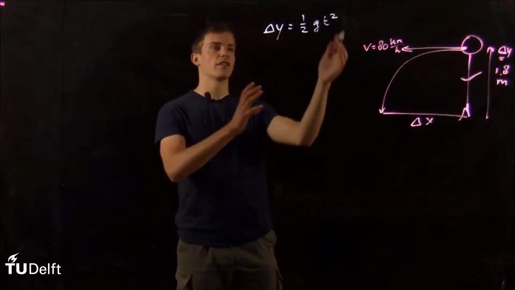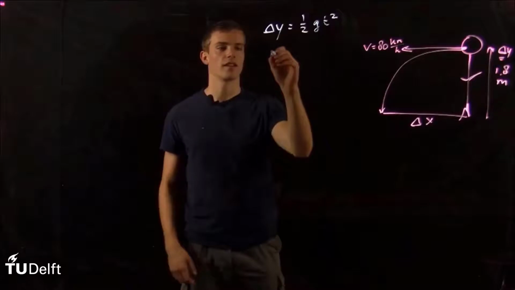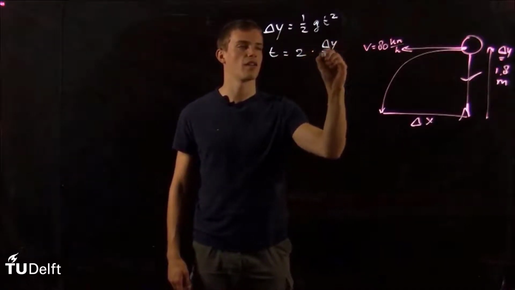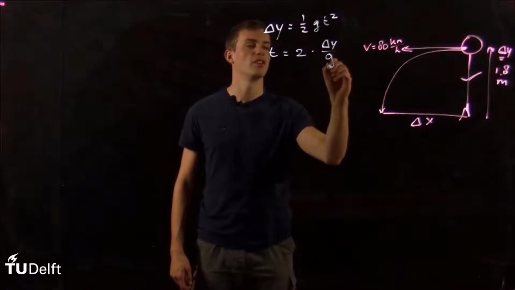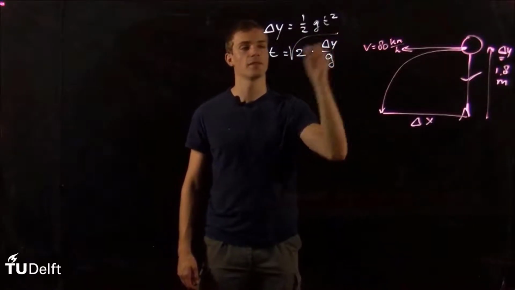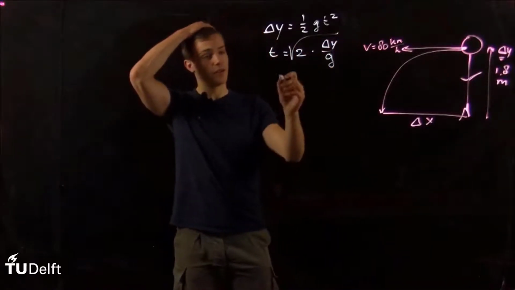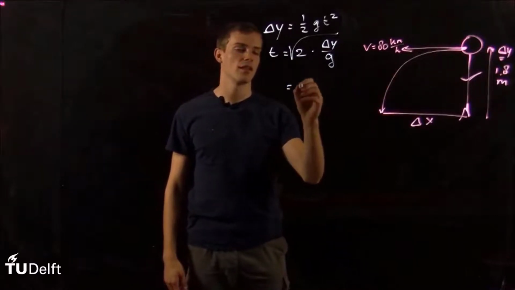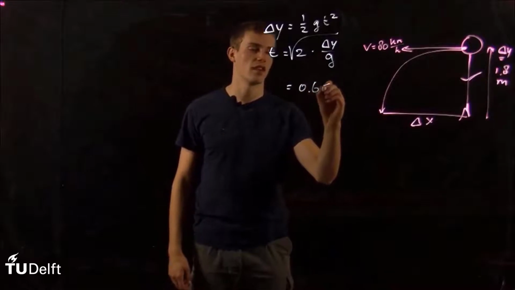If we rearrange this equation, we get t is equal to the square root of 2 times delta y divided by g, which, if you fill in the numbers we have, gives around 0.6 seconds.